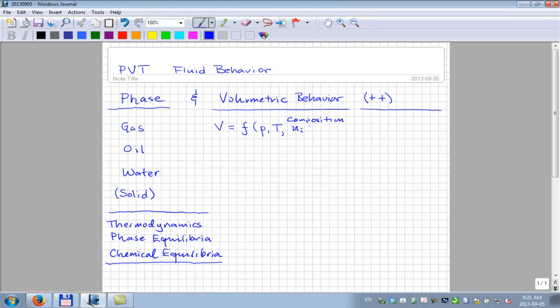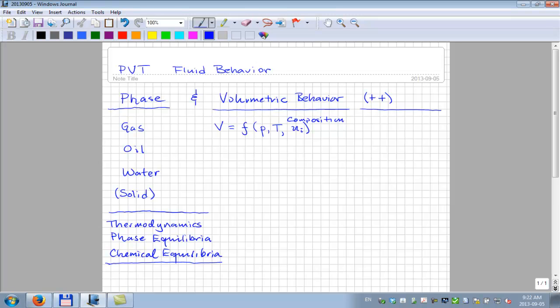And I'm going to use the term ui. It's not used in the book, but it's kind of a generic molar composition. It's the relative amount of methane, ethane, CO2, H2O, and so forth in a given phase.